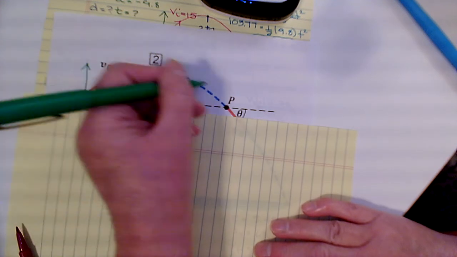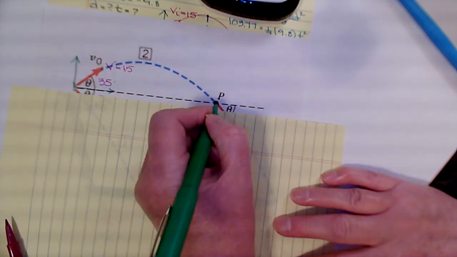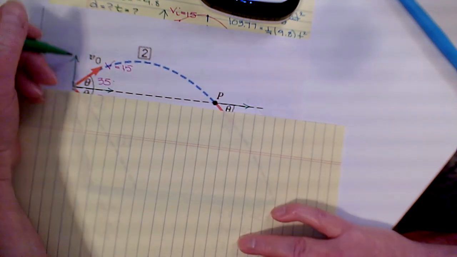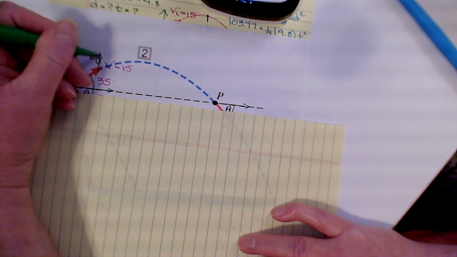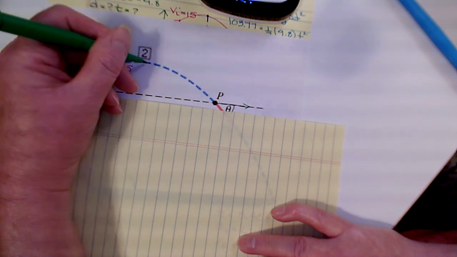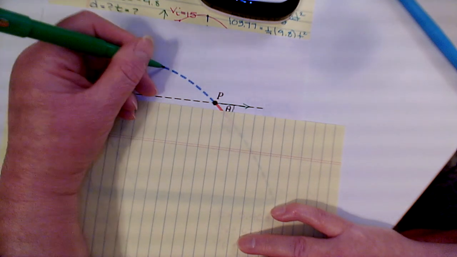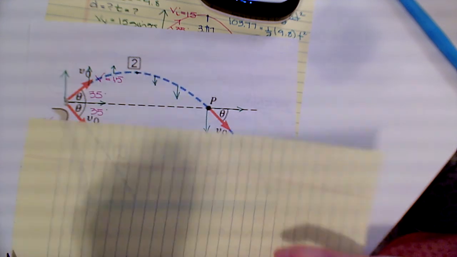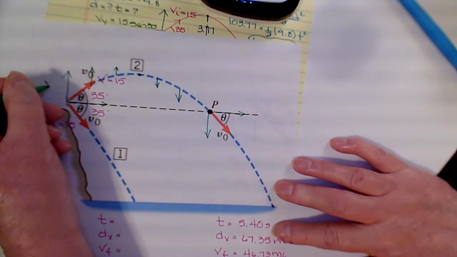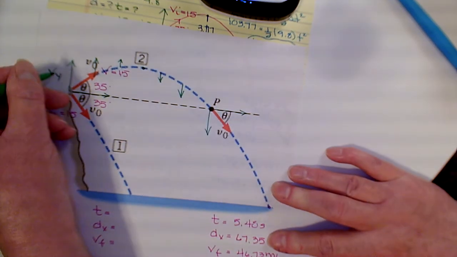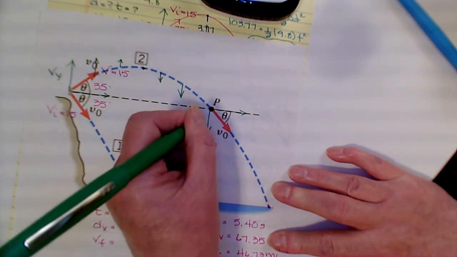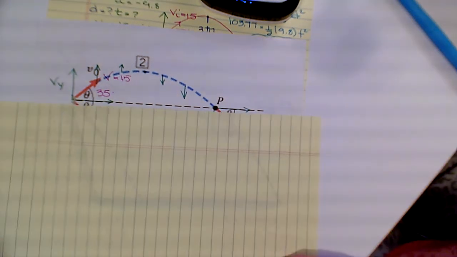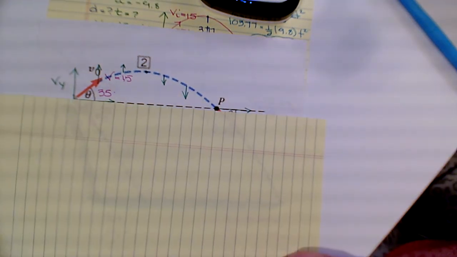So when it hits the ground, the x component is going to stay the same. The y arrow is going to get shorter and shorter and eventually go away, and then get longer and longer and longer. And the y arrow over here, I'll call it Vy, will end up being the exact same Vy arrow over here, because the top part of the problem is a symmetrical problem.